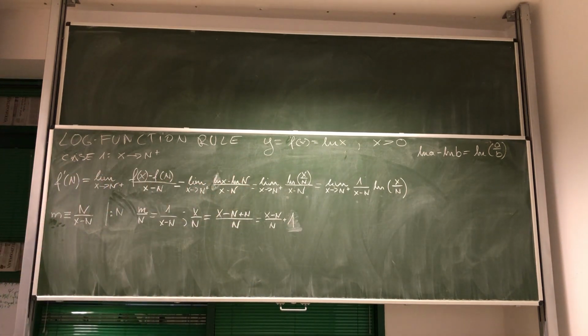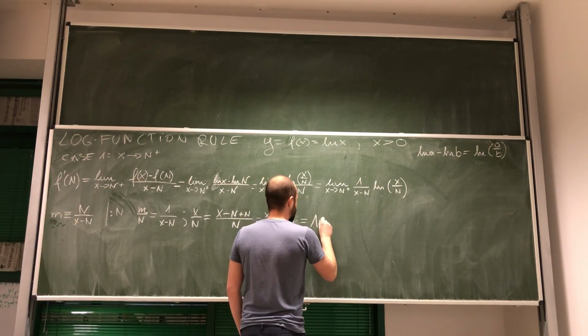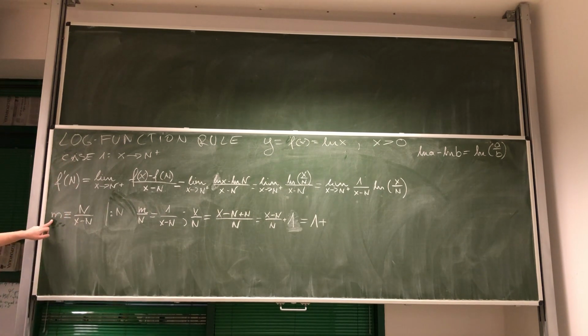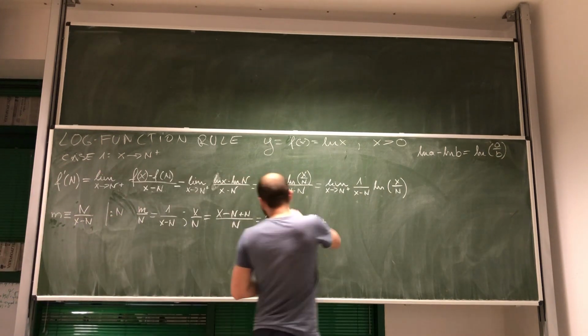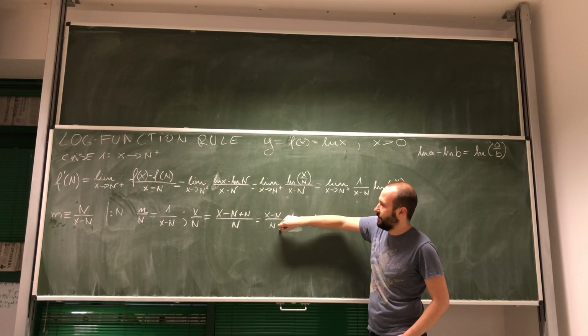Okay, now let's notice one more thing. 1 plus, what do we see over here? That m is n divided by x minus n. And what we have here? x minus n divided by n.